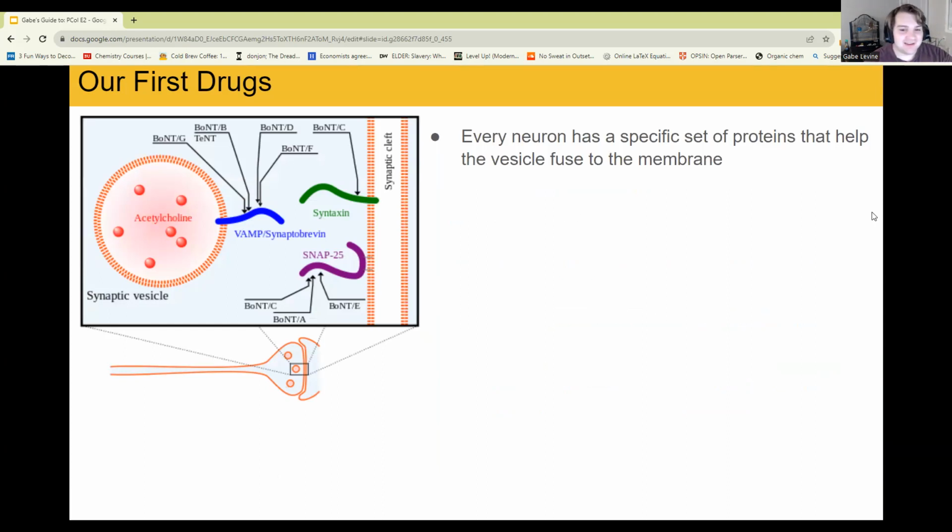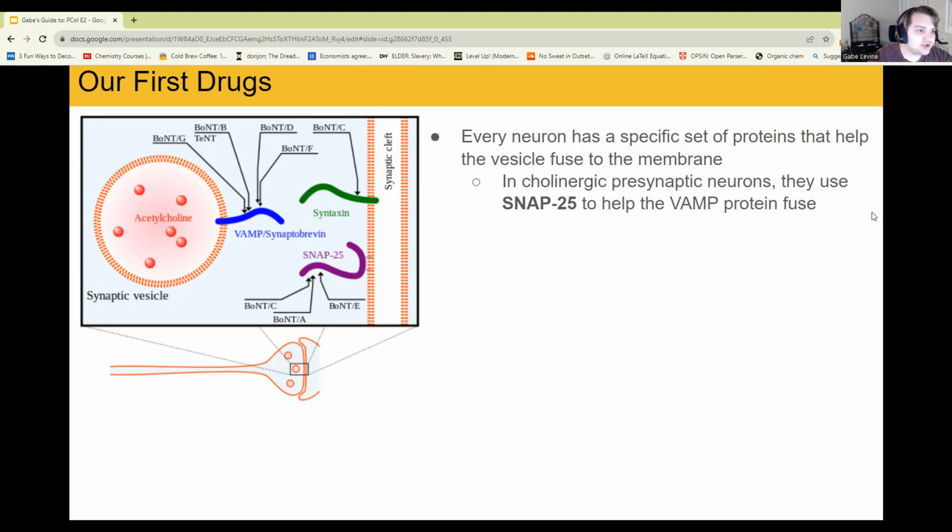All right. Every neuron has a specific set of proteins that help the vesicle fuse to the membrane. Each neuron has a different kind of SNAP and VAMP. They're all labeled with tons and tons of different things.